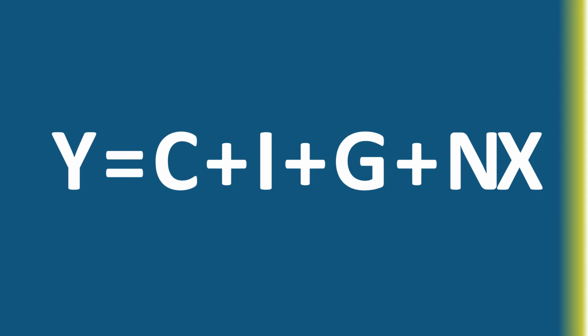If we take these four components together, we have our total expenditures for the year, which is adding up to our total output, or Y, right? So our GDP can be thought of as this total output Y, or C plus I plus G plus NX.